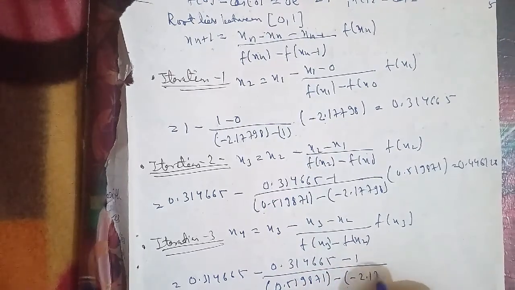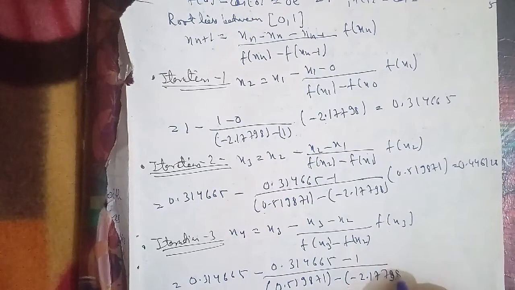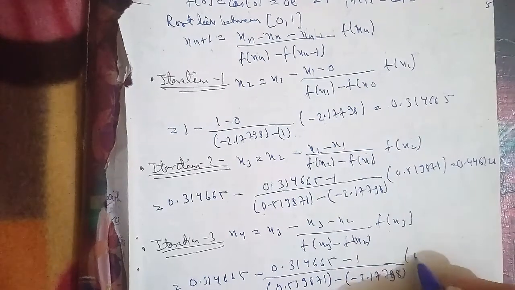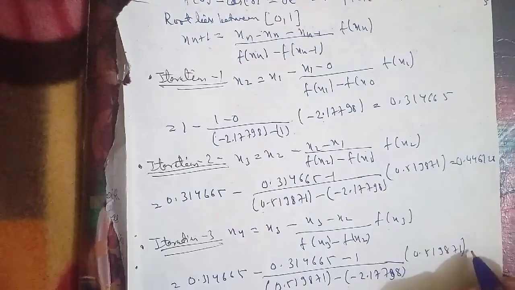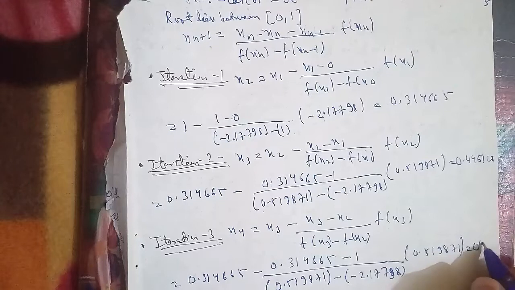Now we go ahead for another one which we talk about. For iteration 2, we had to put another value. Sorry, this will be wrong.